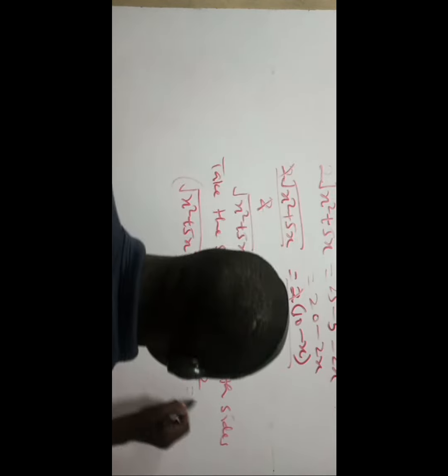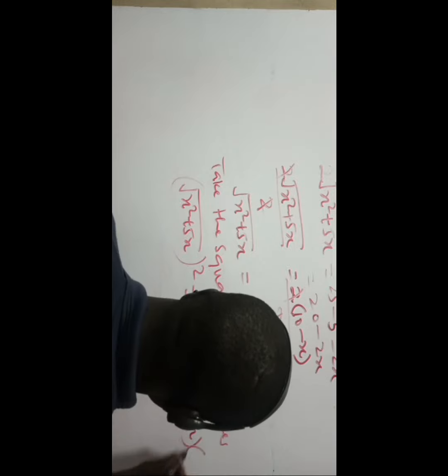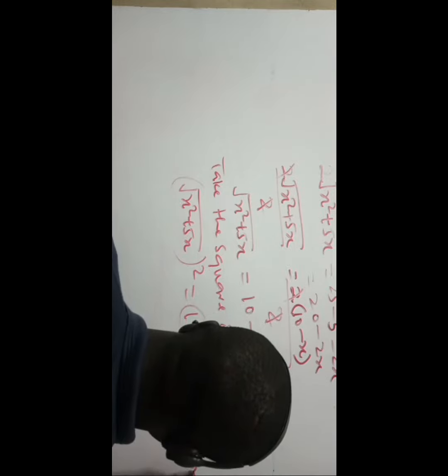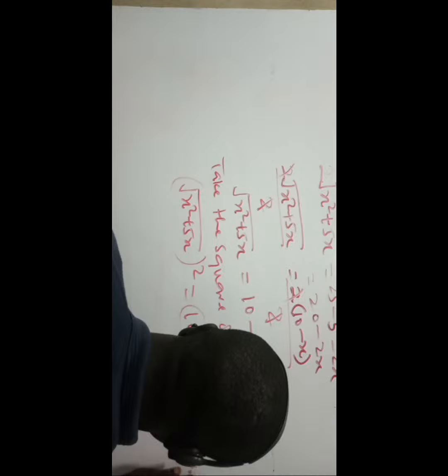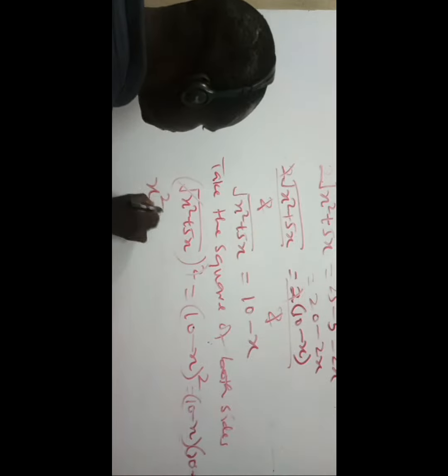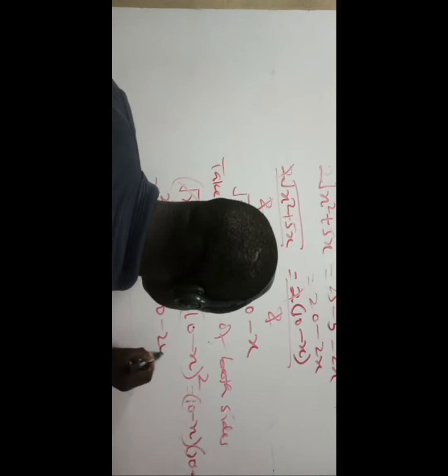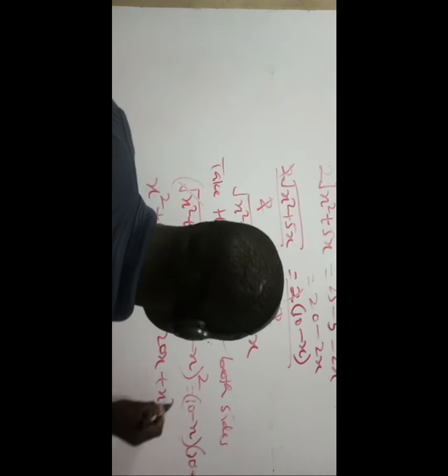And this is the same thing as 10 minus x into bracket 10 minus x. This is what you get. So we cancel this so that we are left with x squared plus 5x to be equal to 10 times 10 is 100, minus 10x, minus 10x, that's minus 20x, then plus x squared.